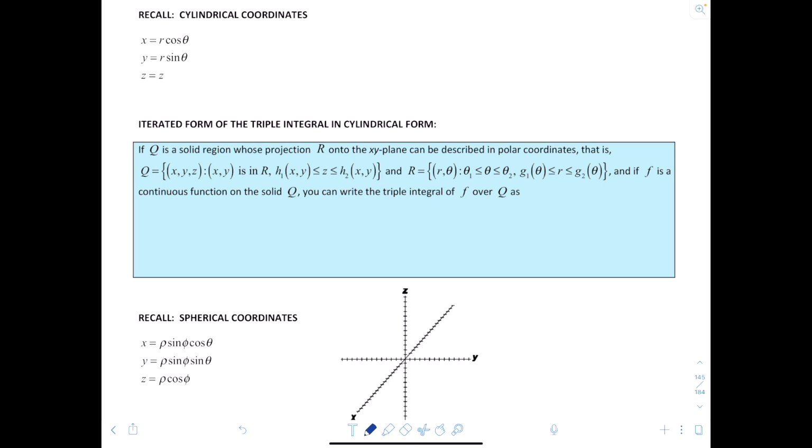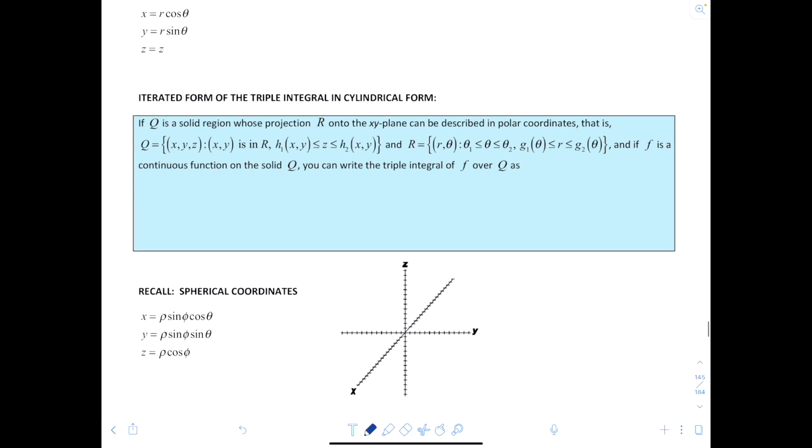And if f is a continuous function on the solid Q, you can write the triple integral of f over Q as, so this is what we would have, the triple integral over Q of your function of x, y, and z dv is going to equal, so we'll have theta 1 to theta 2.